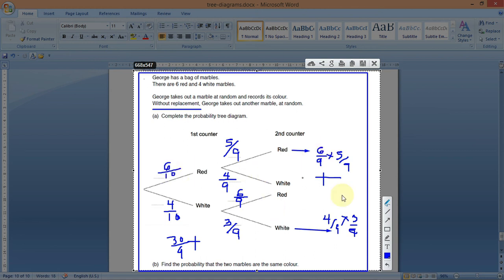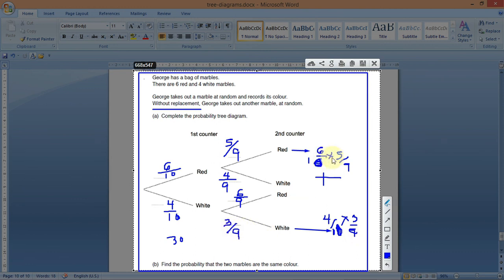This is 6 out of 10, and this is 6 out of 9. Oh my god, okay, sorry. So red is 6 out of 10 times 5 out of 9. Okay, sorry about that. Then 4 out of 10. Wow, today is not funny, right? Times 3 out of 9.